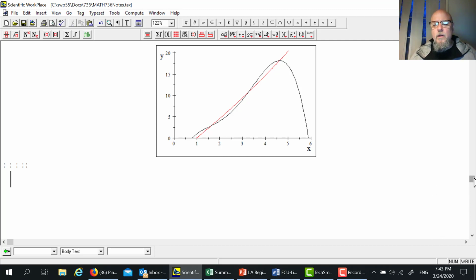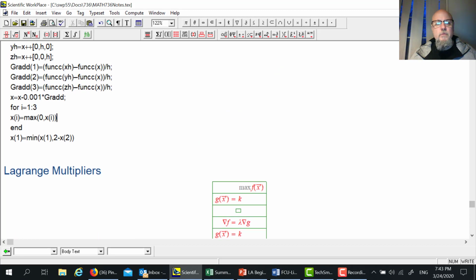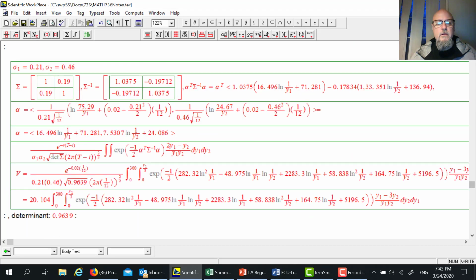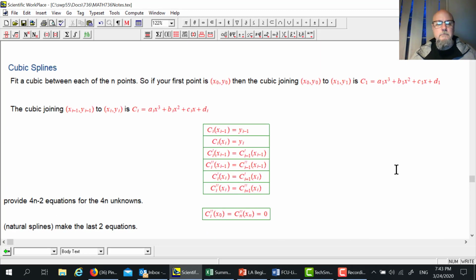Okay, the last thing I want to do, I actually don't want to do it, because, where is it here? Cubic splines. I don't like them. This is another way to approximate a curve.